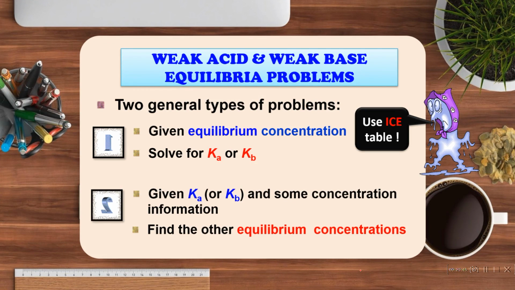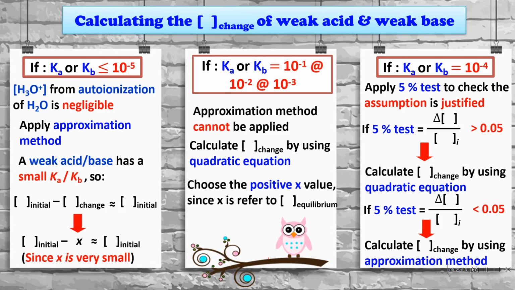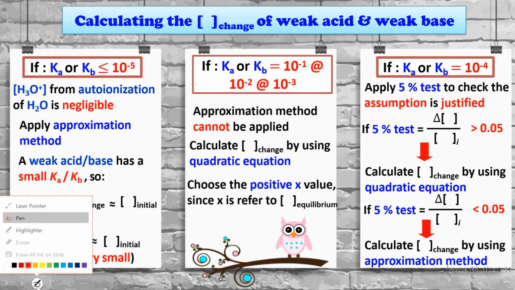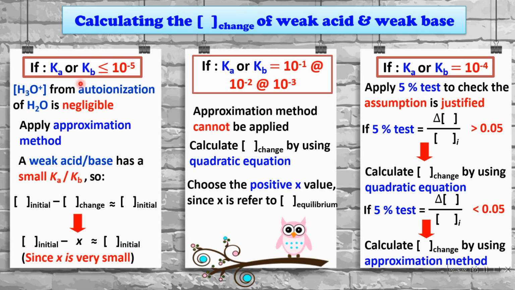Okay, next, for type 2 calculation. Before that, there are a few things that you have to consider. You have to focus on the value of Ka or Kb given. So the first case: if Ka or Kb is less than or equal to 10 power of negative 5, the concentration of H3O plus from auto ionization of H2O is negligible.